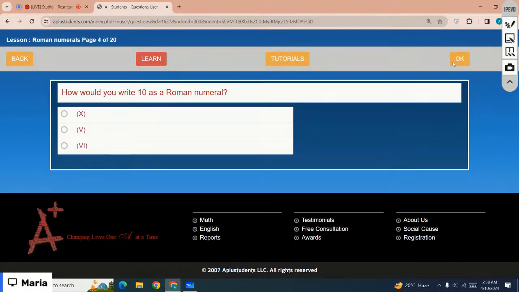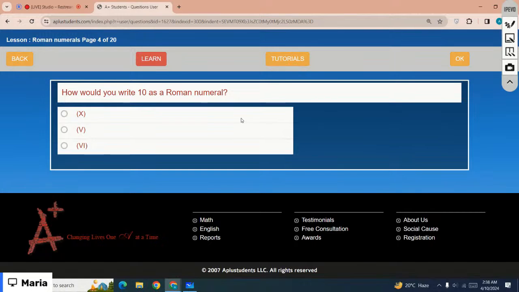How do you write 10 as a Roman numeral? Which is the correct option? The correct option is option number 1. X is the correct option.